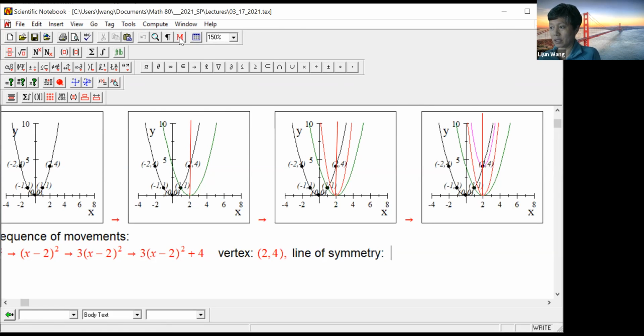The line of symmetry here is x equals 2. You follow me? See, the line of symmetry did not move. When you do x -2 squared, that is shifting either left or right, and the line of symmetry has already been decided. Does everybody follow me? So the first number in the vertex actually tells you the line of symmetry. Do you guys see that?